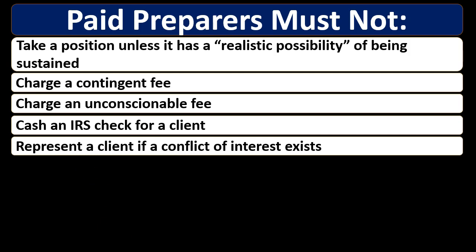Represent a client if a conflict of interest exists. A conflict of interest means that we have some type of interest ourselves, our personal interest, that is in conflict with the client interest. And when we're looking at something like representation, look at what we're doing here. We're representing our client to the IRS. We're taking our client's position and acting as an agent, kind of like a lawyer acting as an agent, representing them to the IRS.